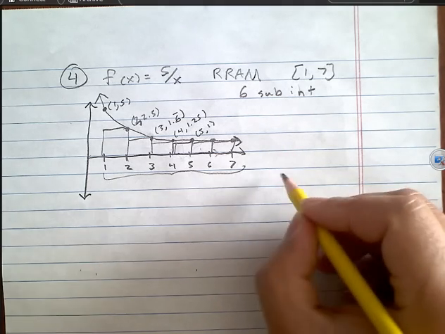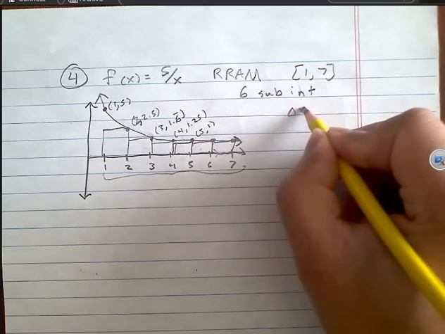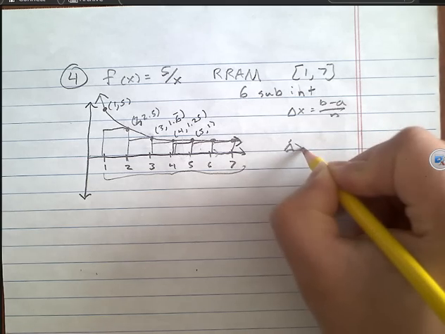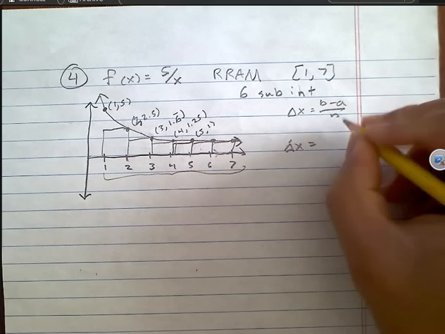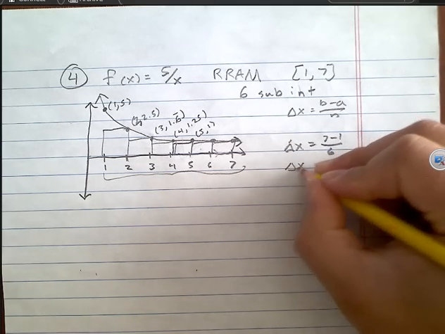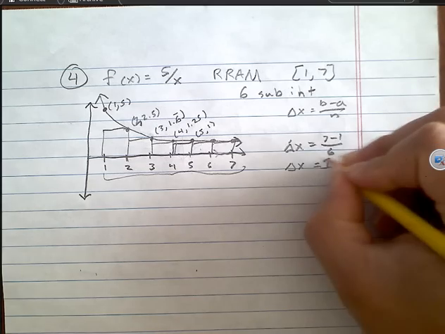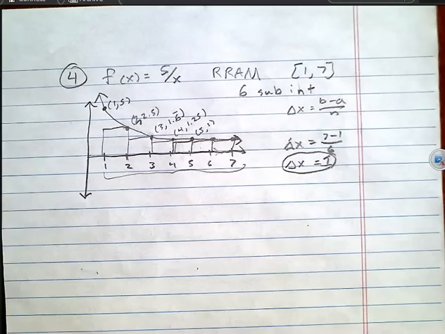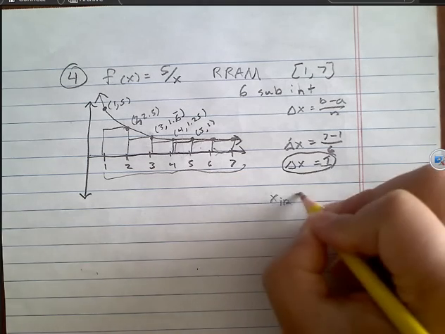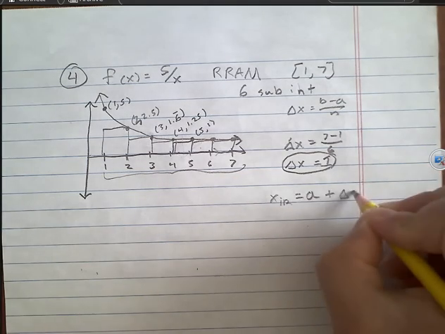Alright, so we start off with our delta x is equal to b minus a over n. Alright, so delta x is equal to 7 minus 1 over 6, which is just 1. Yay, we got one step down. And now we get our x sub i r. The formula is a plus delta x times i.